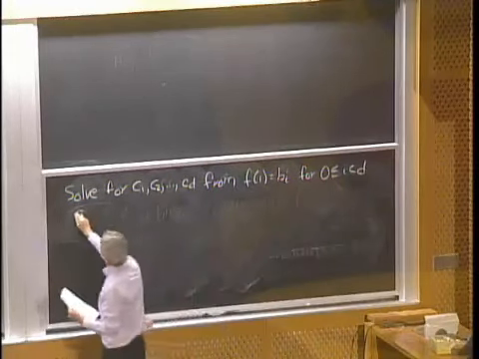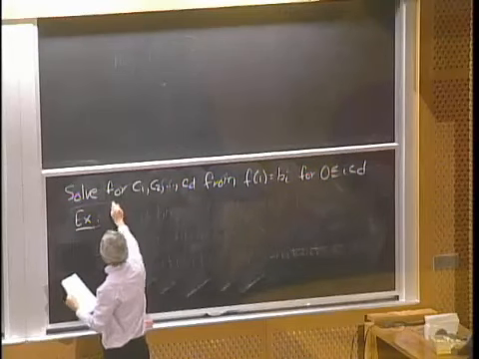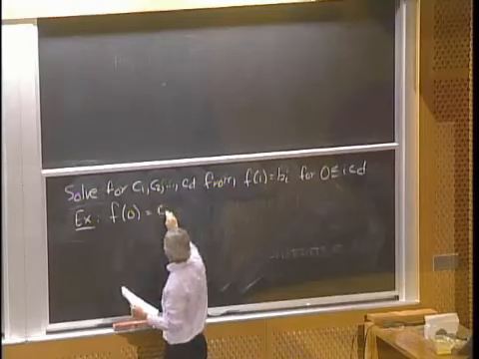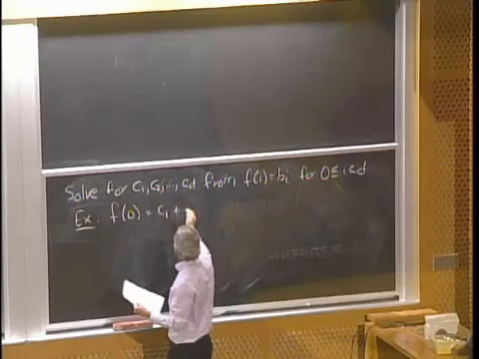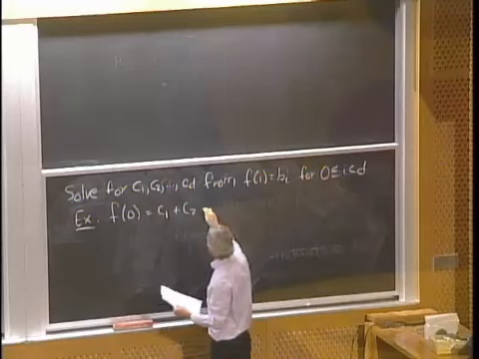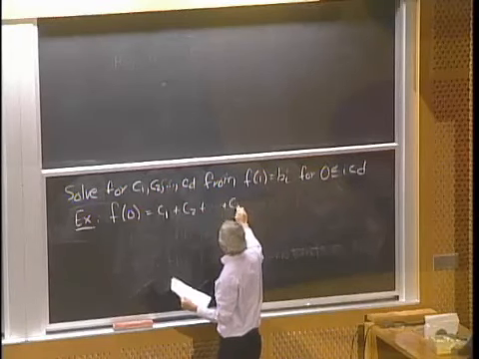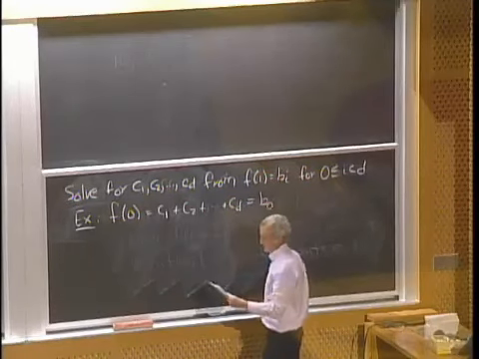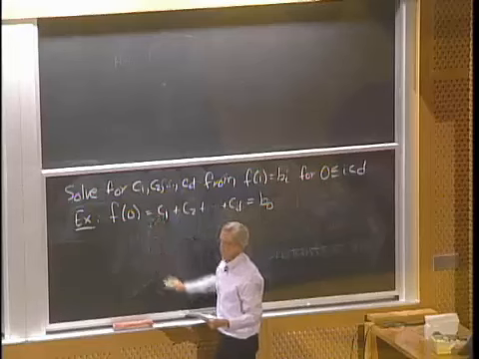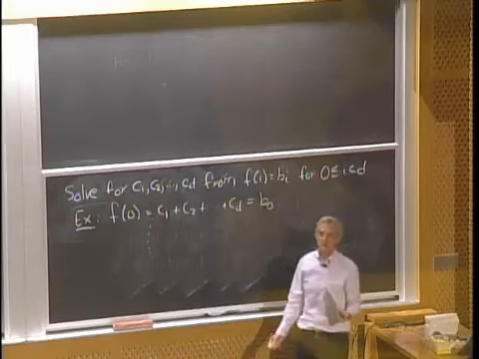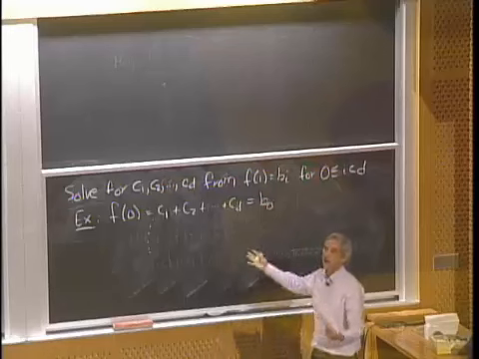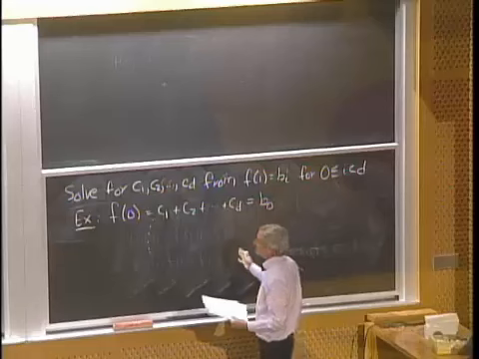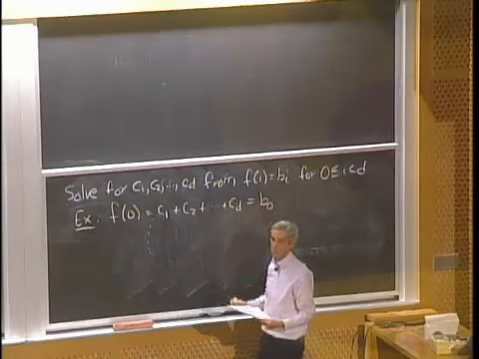So, for example, we know that f of 0 is C1 times alpha 1 to the 0, which is 1, plus C2 alpha 2 to the 0, plus and so on up to C_d. And that's going to be equal to b0. And so forth. So you get a system of equations, d equations and d variables, that you solve to find the coefficients. And that will give the unique and correct solution to the recurrence.